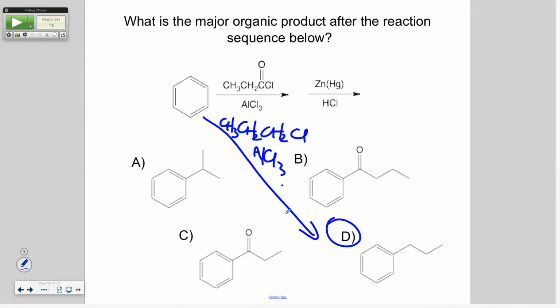You wouldn't get that. You would get this one. Okay, because it would rearrange. That would be the major product. You would potentially get a small amount of that, but it wouldn't be the major organic product.